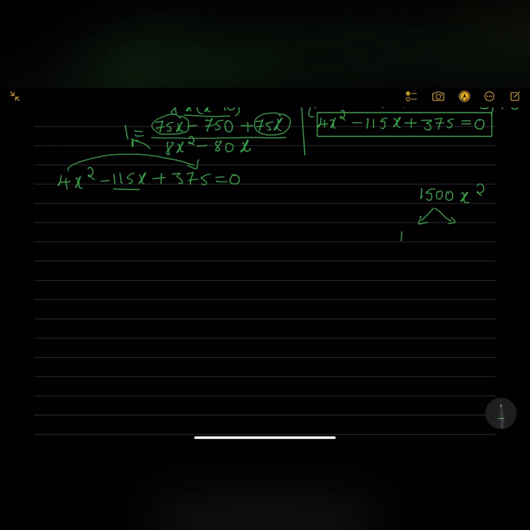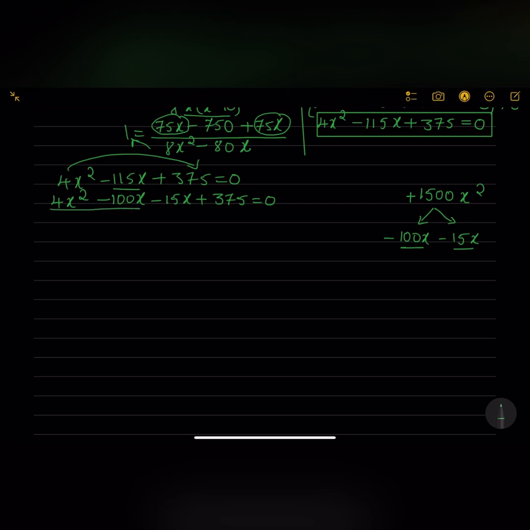So it is 100 plus 15, which gives 115, and this is plus. So minus and minus, minus into minus is plus, and if you add these two terms, you get minus 115. Let us substitute this. Let us split the middle term. 4x square minus 100x minus 15x plus 375 equal to 0.